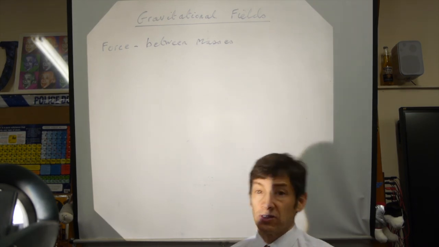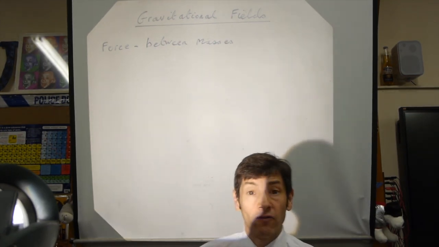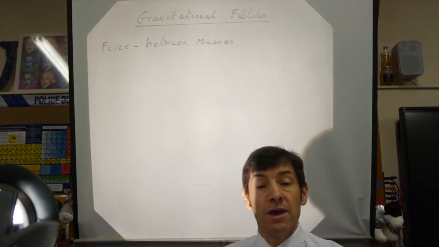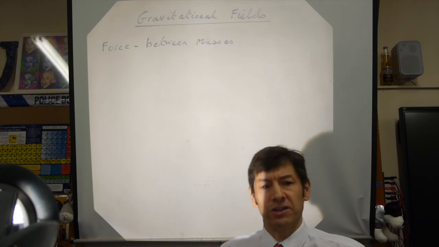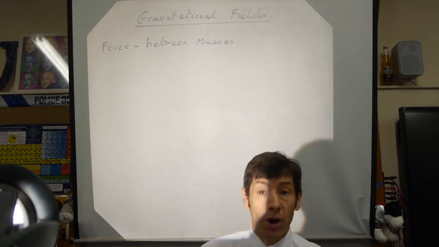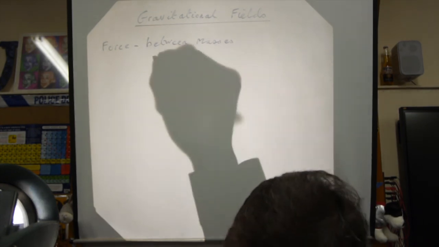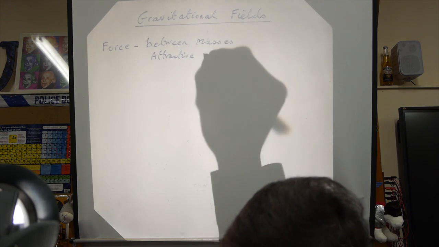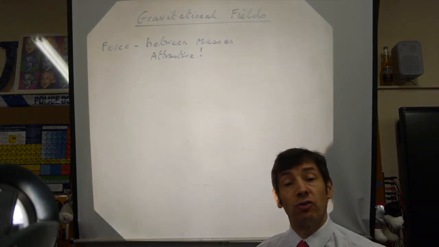And there's one other thing that's really strange about it. If you think of electricity, Coulomb forces, plus and plus repel, but plus and minus attract. So you can get both attraction and repulsion. But with gravity, it's only attractive, which is really strange.